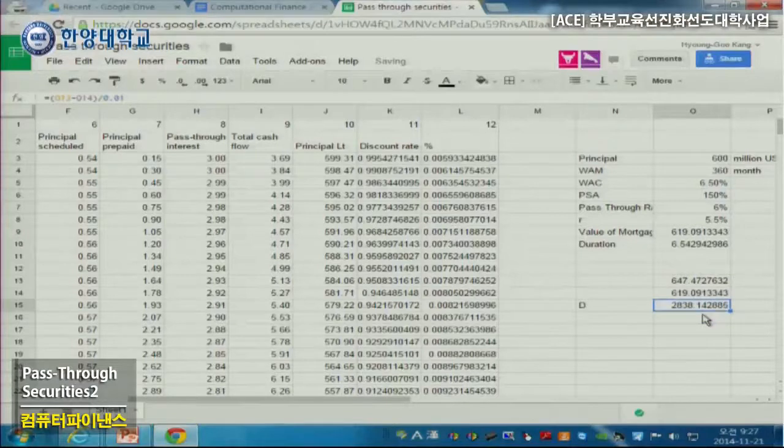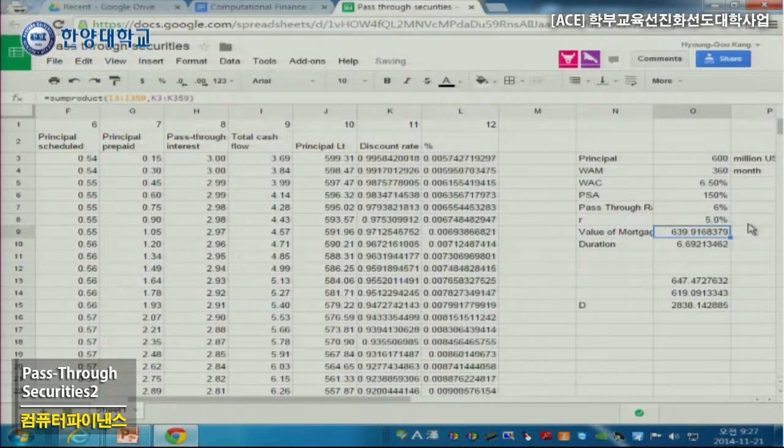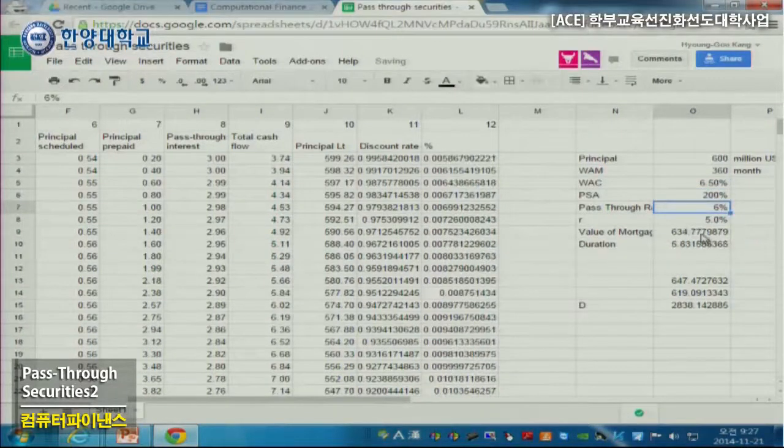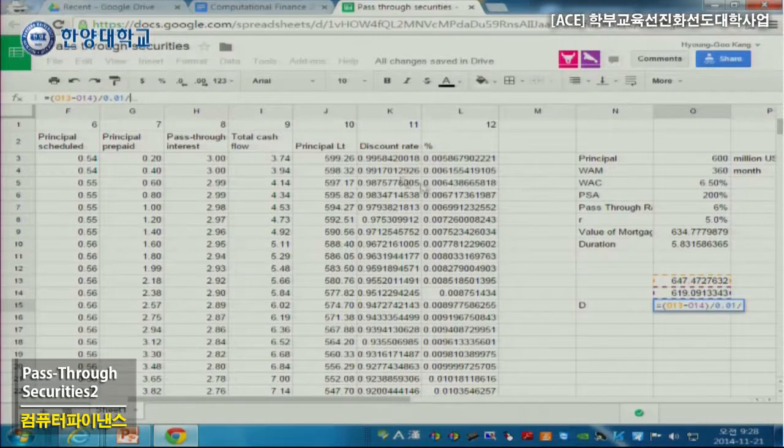And then we divide this one with the current bond price, which is this one. Divided by this one.